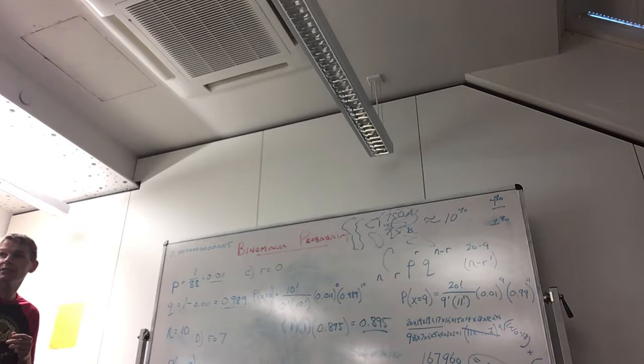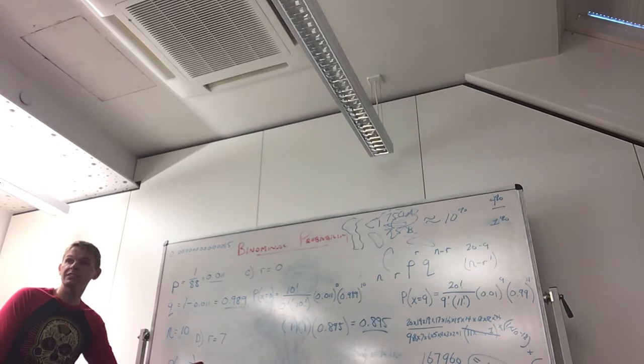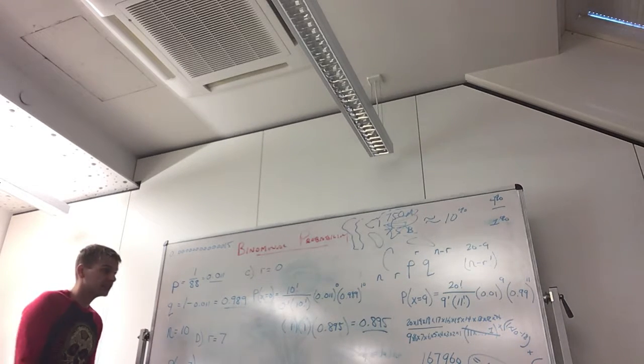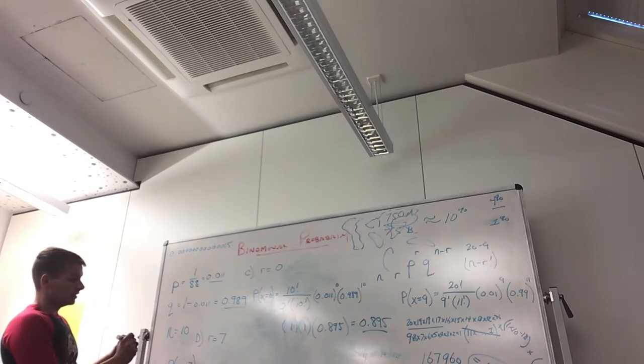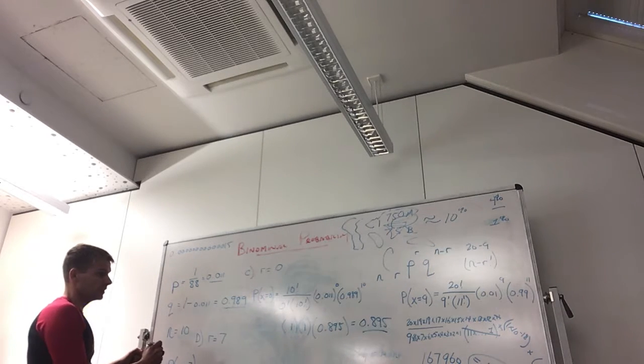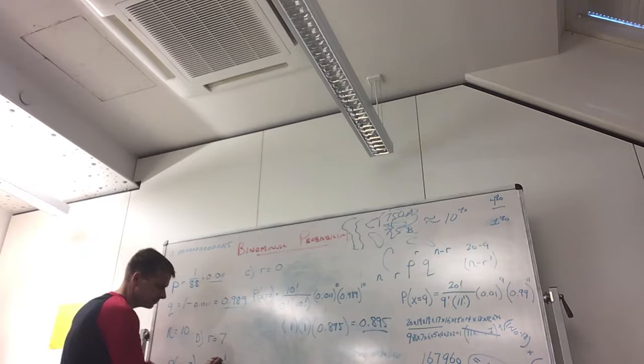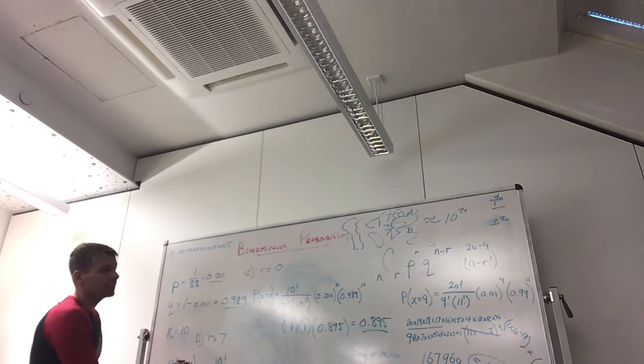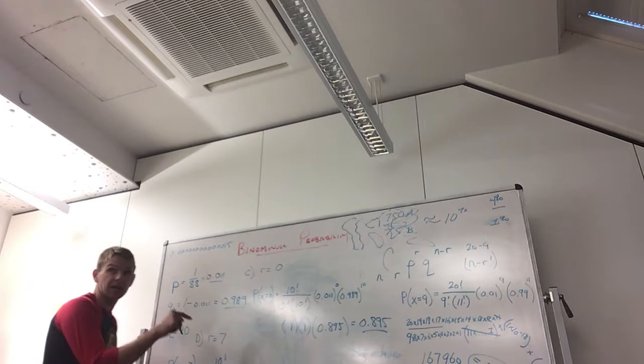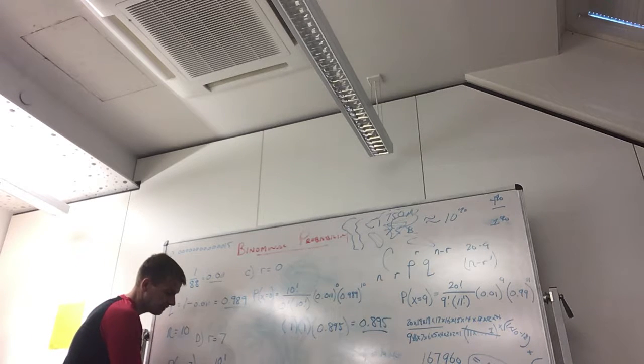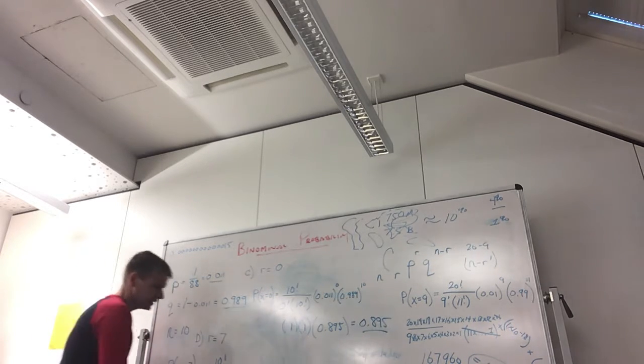All right, what do we do next? We're going to set up the combination here. So that would be 10 factorial over 7 factorial times, this would be n minus r, which would be 3, 3 factorial.